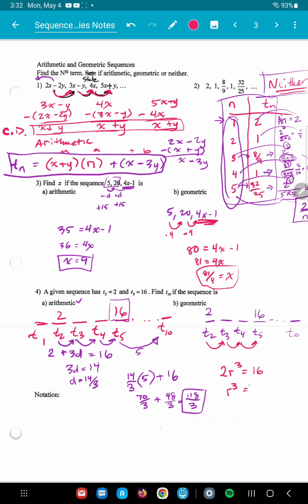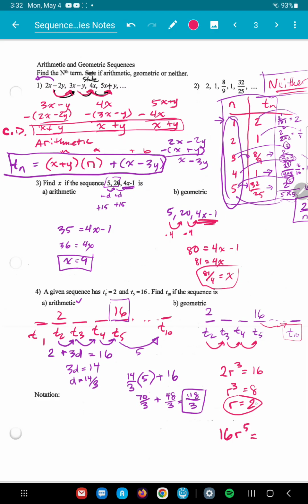R cubed is therefore going to equal 8. So R cubed equals 8. That means that R is 2. So our common ratio is 2. So if we want to look for t sub 10, let's imagine we start at 16, and how many more ratios do we need to multiply to get to t sub 10? I'm going to need 5 of them. So 16 times r to the 5th is going to give me the value I want, right?